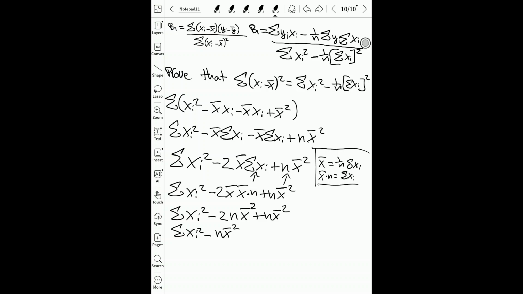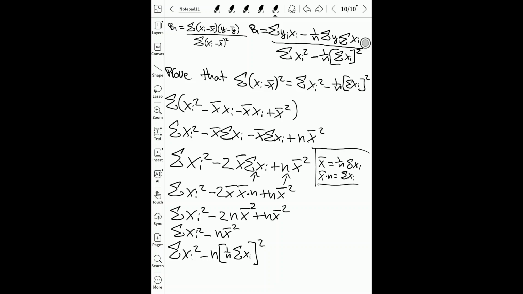Now we're going to do one other substitution here. We'll just leave the first term alone, and we're going to sub that x bar for what x bar is, which we know to be 1 over n sum of xi, right?